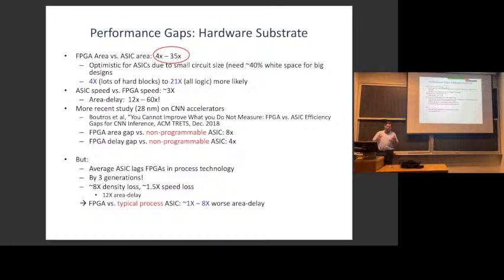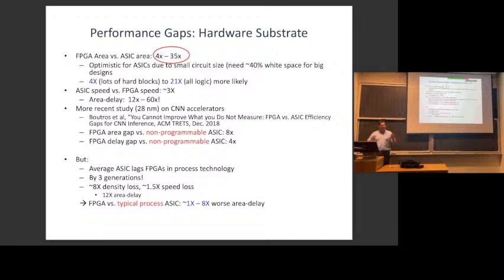But the typical special purpose chip is 3 generations behind because it takes them longer to design it and they don't have the money. If you're 3 generations behind, so instead of being at 7 nanometers, you're at 22 nanometers, that's actually an 8x density loss, and it's harder to calculate, but it's about a 1.5x speed loss typically.